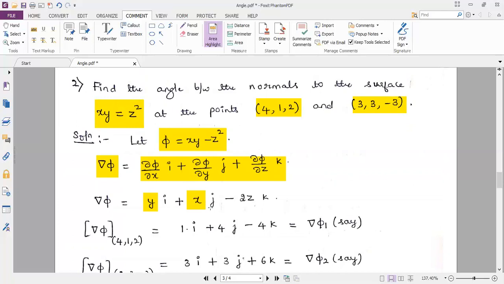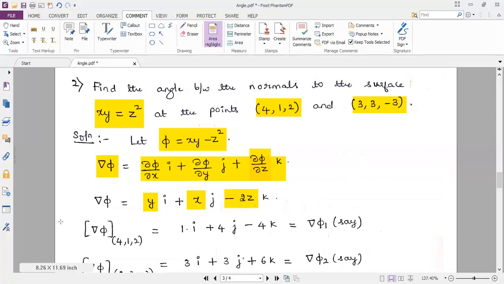Differentiation of y is 1. Differentiation of minus z square is 0, into j cap. Now dou phi by dou z, with respect to z, differentiation of xy is 0, minus z square differentiation is minus 2z into k cap.